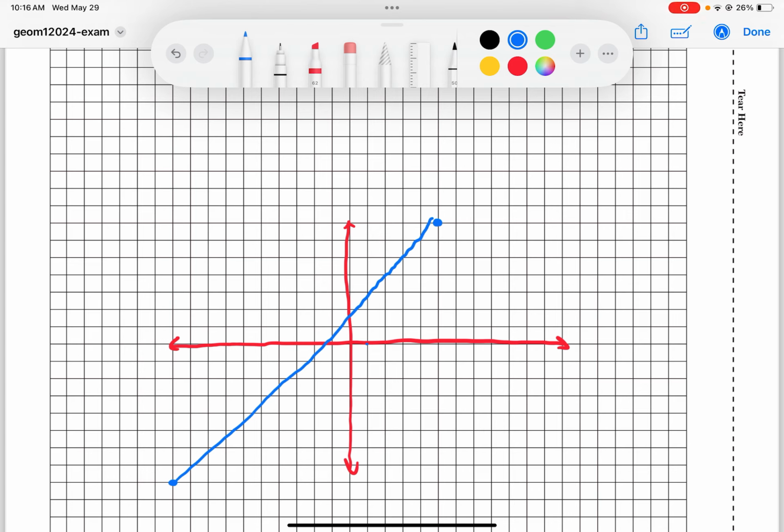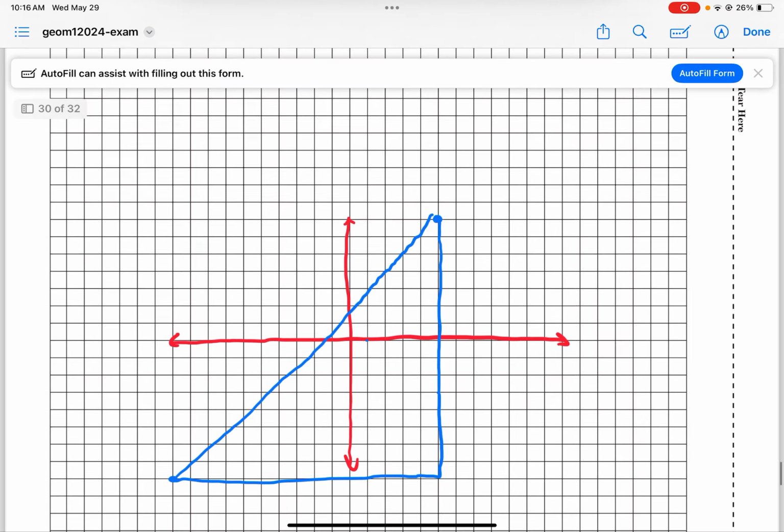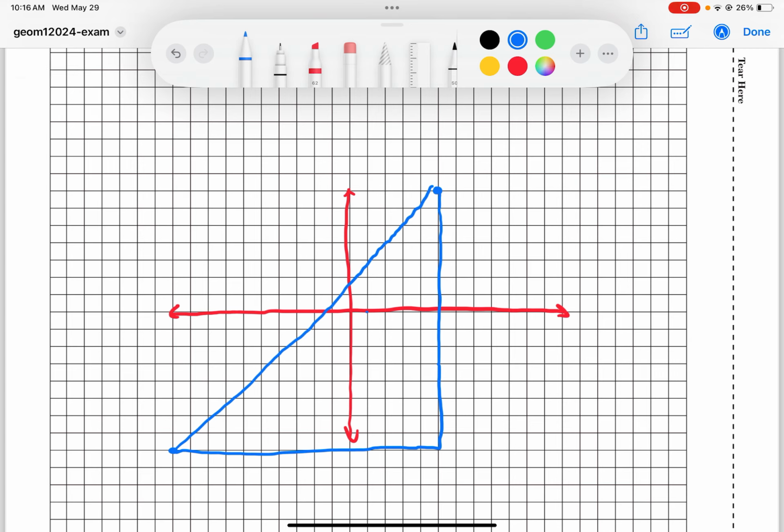So the first step, if you remember in a partition, is to make a right triangle connecting the vertices. The length of this horizontal line segment right here would be 1, 2, 3, 4, 5, 6, 7, 8, 9, 10, 11, 12, 13, 14, 15.